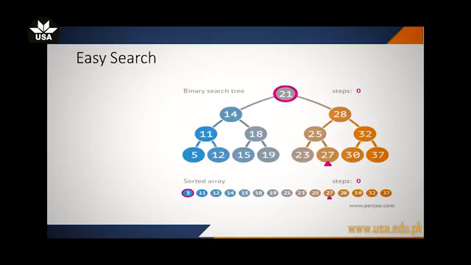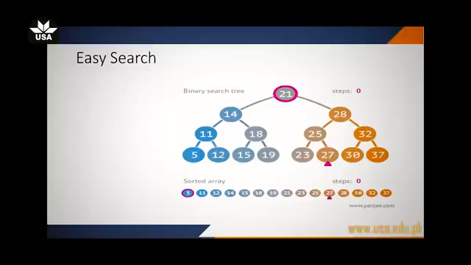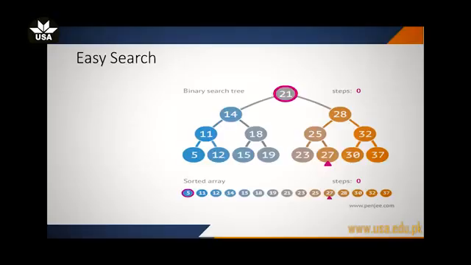As compared in this graphical image, you can observe that if we have to find a value in a binary search tree as compared with a sorted array, the number of steps the binary search tree takes are far fewer than the array, because an array is a linear data structure and it consumes linear access time to search an element, while the tree structure is a non-linear data structure which consumes log n time. As you can observe, a tree is an approximately balanced and complete tree, so it takes log n time as compared to the linear array at the bottom.